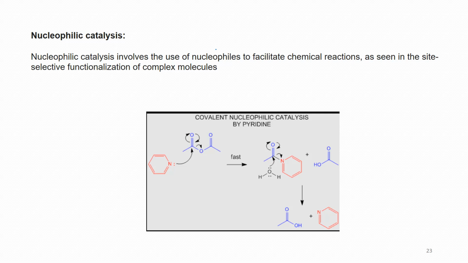Suppose one reaction is given: we have to perform the hydrolysis of this anhydride and get our desired product, the acid.